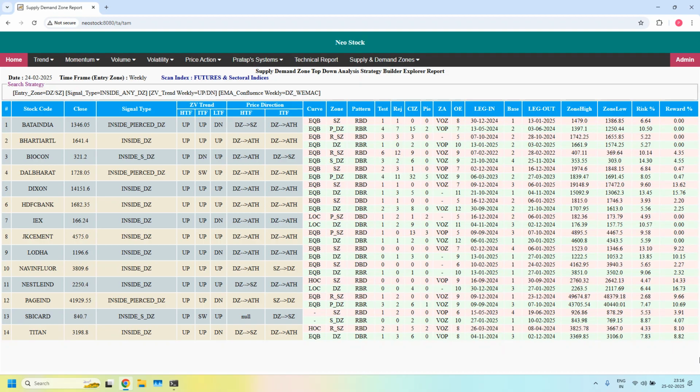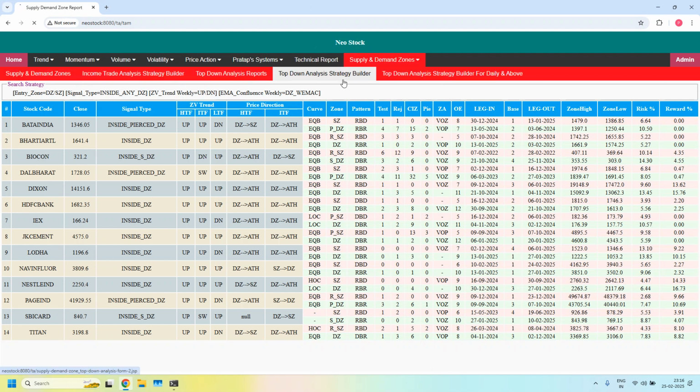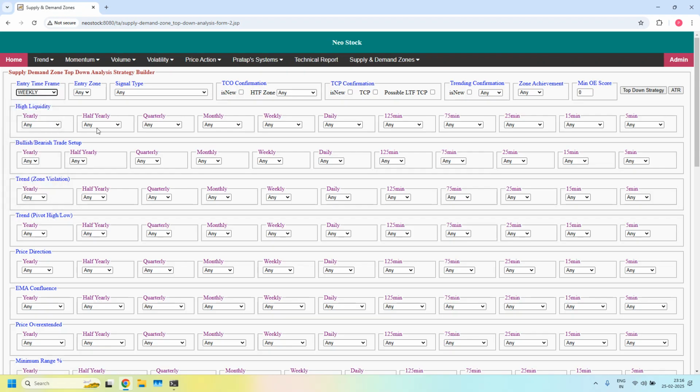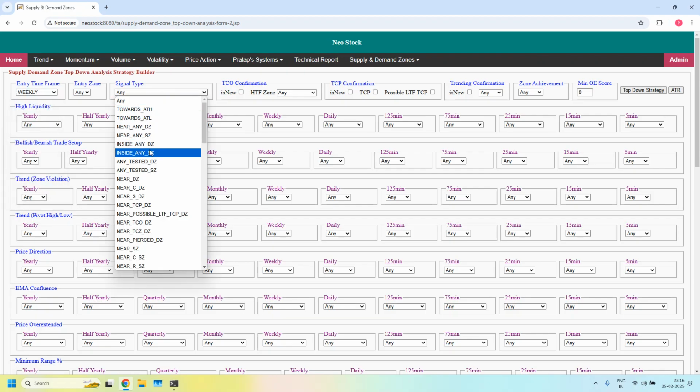These 14 weekly demand zones are having weekly EMA Confluence. Okay, this is about weekly demand zone, price closed inside weekly demand zone, and also having weekly EMA Confluence for the weekly demand zones. So next, weekly time frame, price closed inside the weekly supply zone.